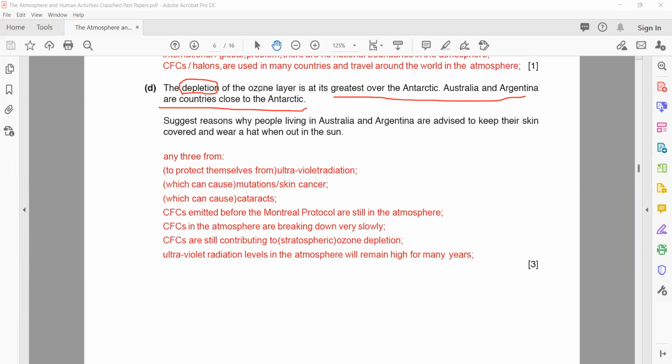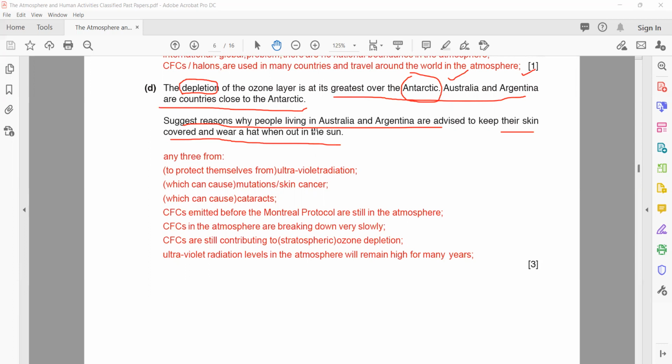They're saying that the ozone layer is badly depleted, or you can say decreased or destroyed, over the Antarctic region. And what are the countries near that? That's Australia and Argentina. Suggest a reason why people living in Australia and Argentina are advised to keep their skin covered and wear a hat when out in the sun.